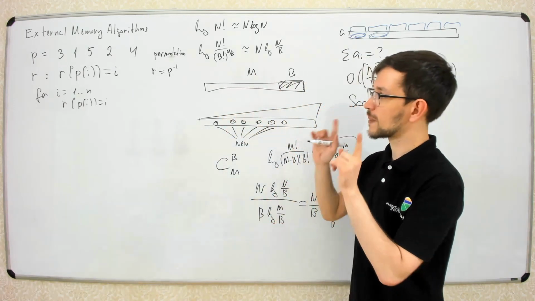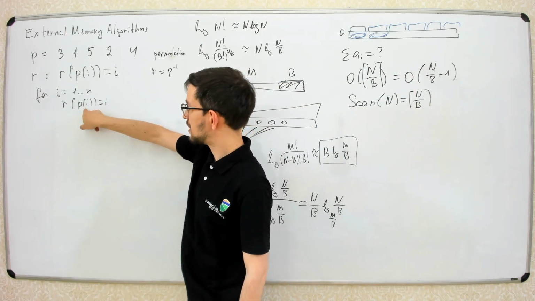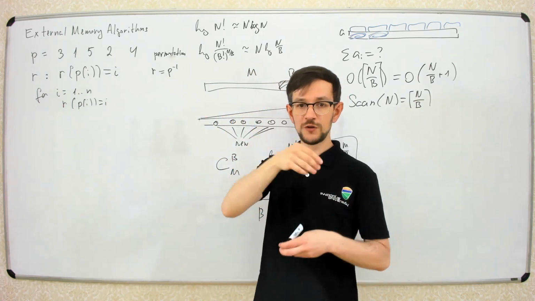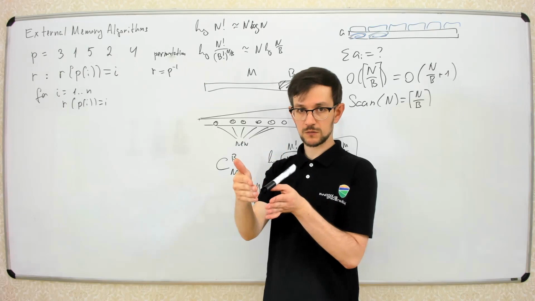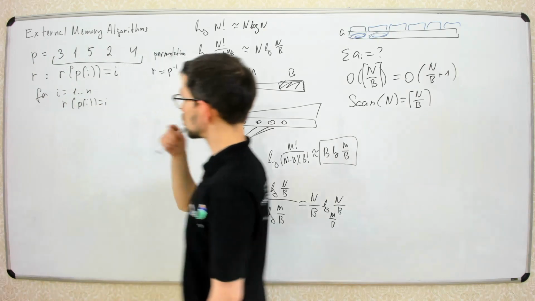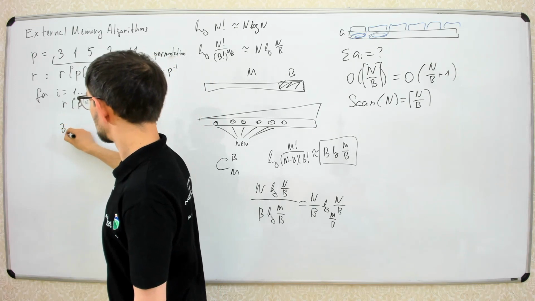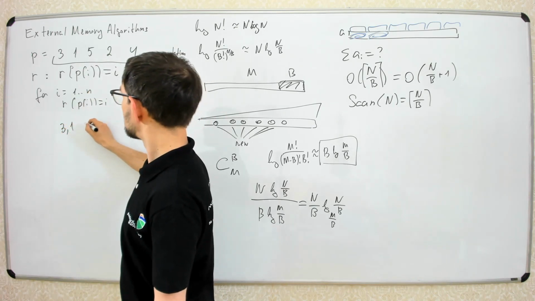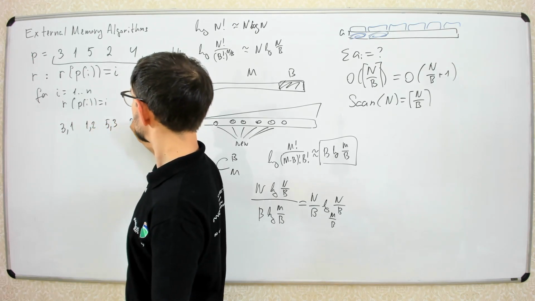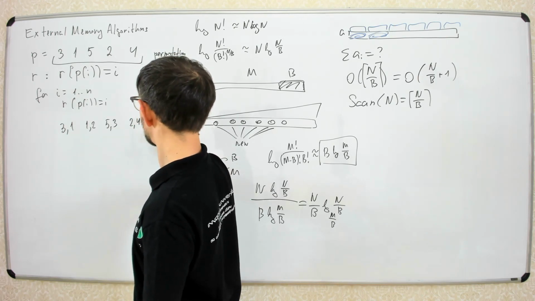Let's watch what's going on. Again, I want to put at the element with index P[i] the value i. I will write all these operations into an array as pairs. So let's see, I have this array. I want to put in array R on the third position value 1, on the first position value 2, on the fifth position value 3, on the second position value 4, and on the fourth position value 5.